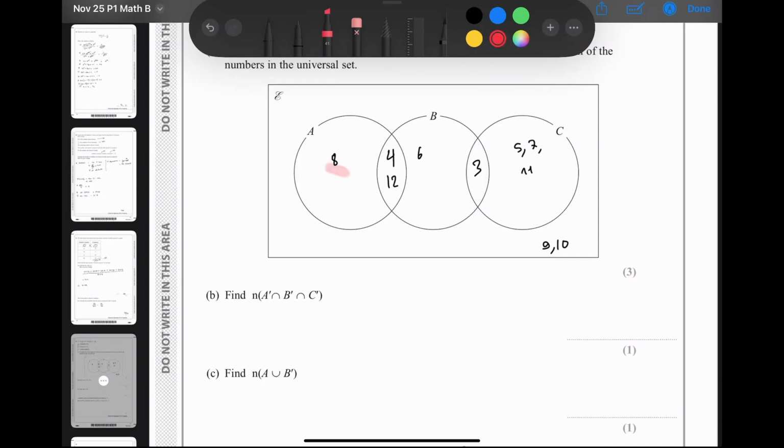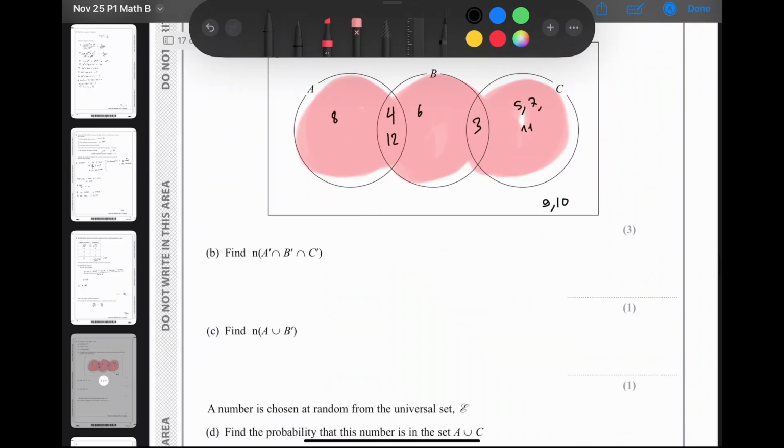Now, for B, we are asked for all 3 unions prime, so it leaves the 2 numbers in the box, which are 9 and 10.